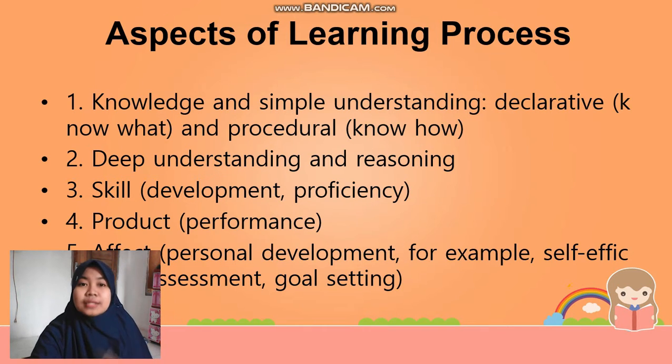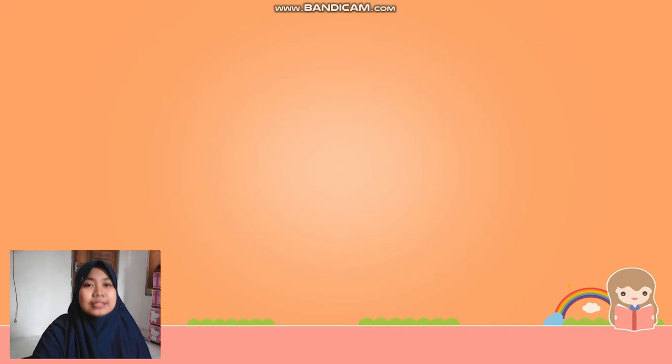The second one is deep understanding and reasoning. The third one is skill development and proficiency. The fourth one is the product from the learning process itself, or performance. And five is effect, personal development, for example, self-efficacy, self-assessment, and goal setting.